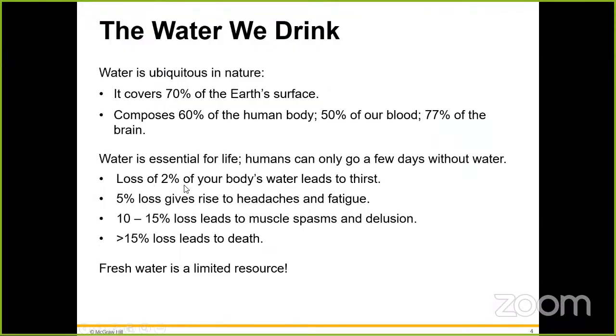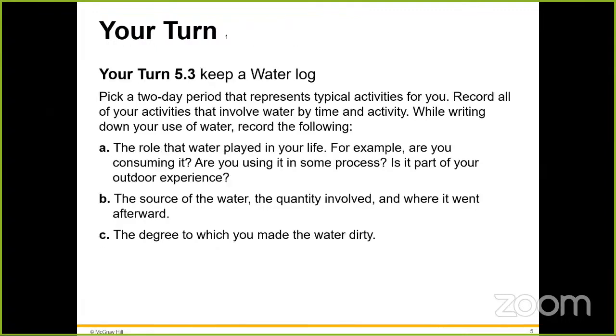It says loss of 2% of your body's water leads to thirst, 5% you start getting headaches and fatigue. If you lose 10 to 50%, then you start experiencing muscle spasms and delusion. And then if your loss of water is greater than 50%, then it would lead to death. And they're making the point in the last line that fresh water is a very limited resource.